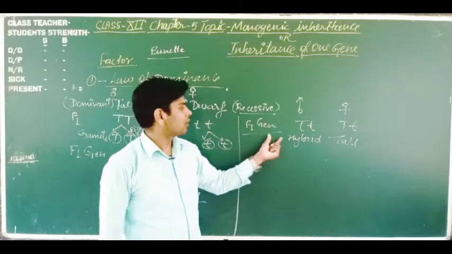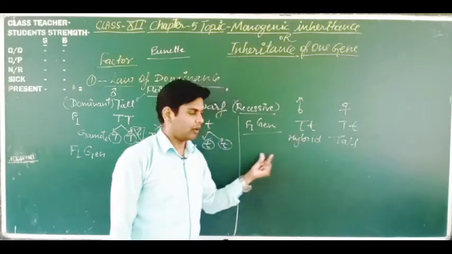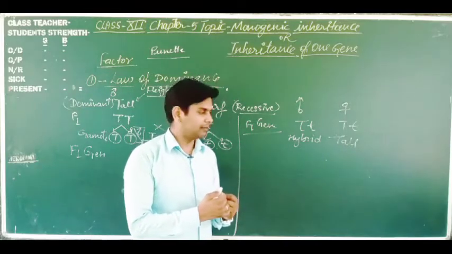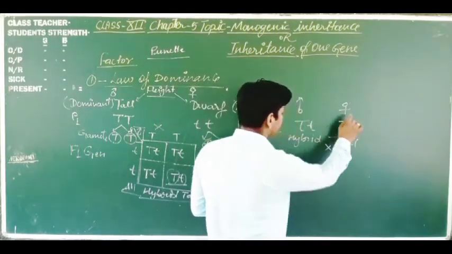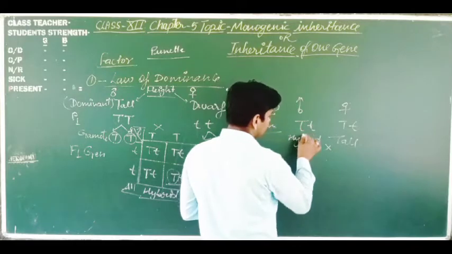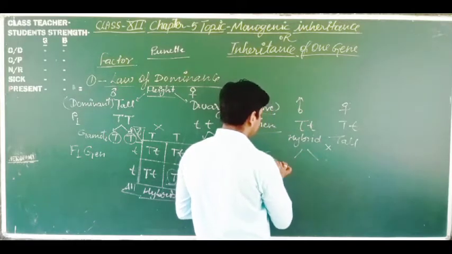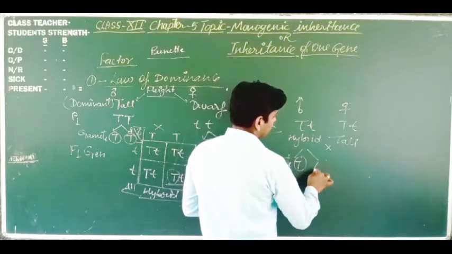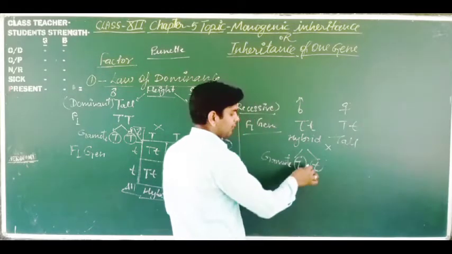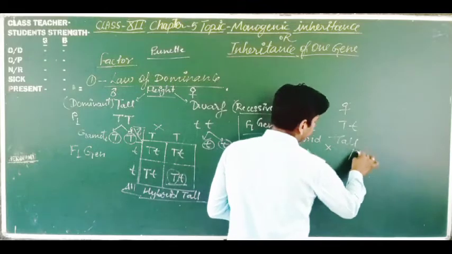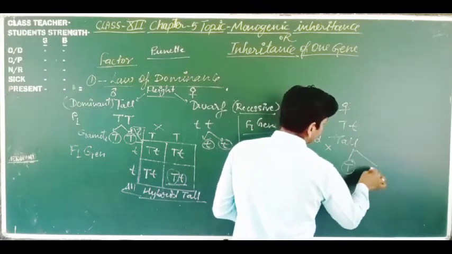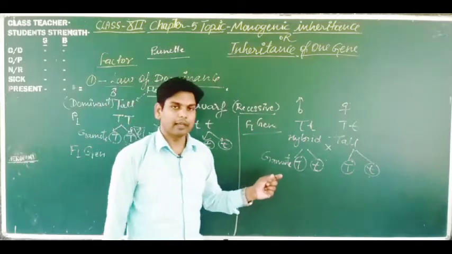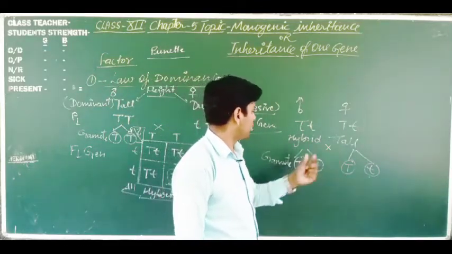These two are hybrid tall members of the F1 generation, and we are making a self cross between these members. So suppose gametes will form: capital T, small t of the male parent, and capital T, small t of the female parent. So these are 4 gametes, 2 of male and 2 of female.